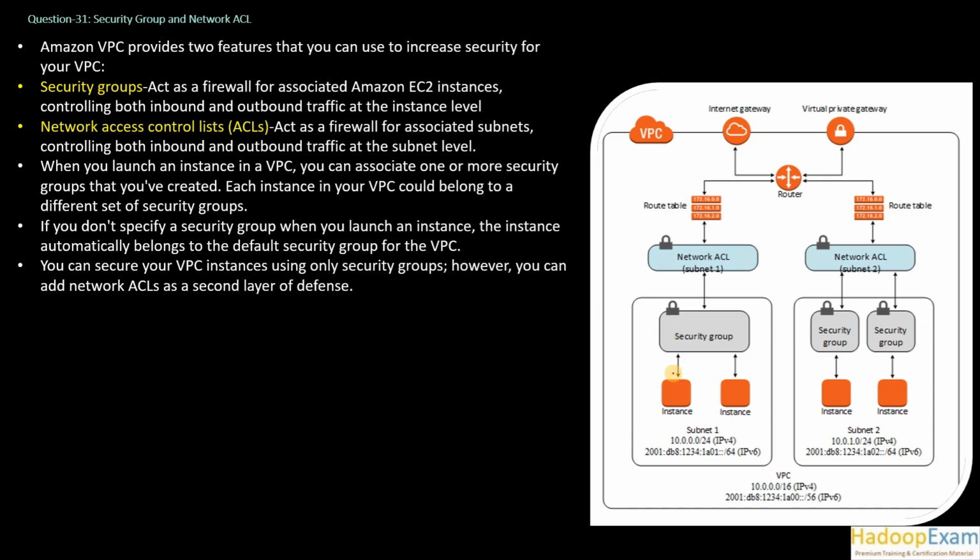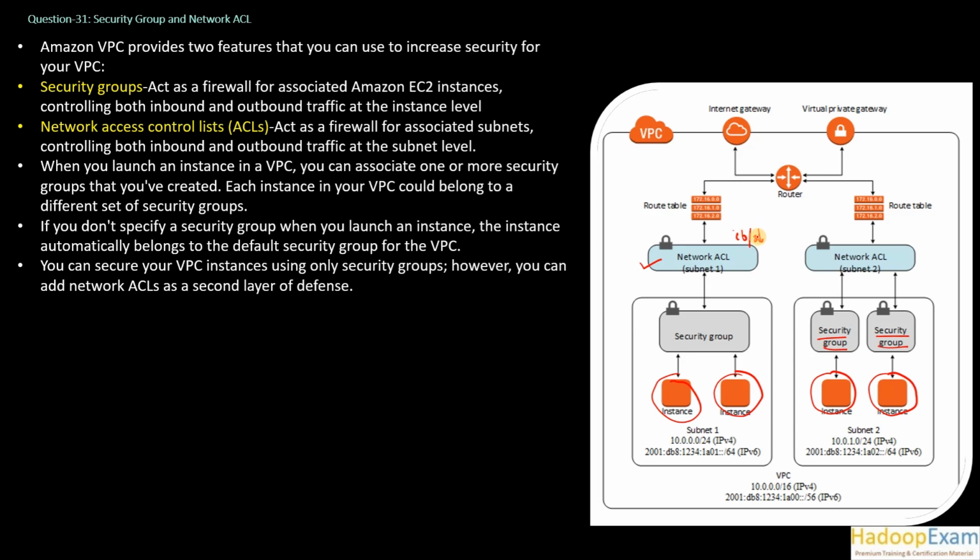Same diagram we have used previously. If you see, the security groups are applied at instance level. Network access control lists we have previously discussed. These are at subnet level, correct? So these act as a firewall associated with the subnet and control both inbound and outbound traffic.